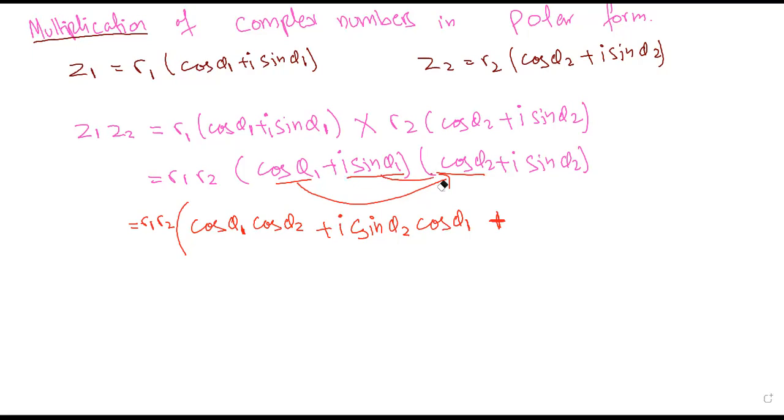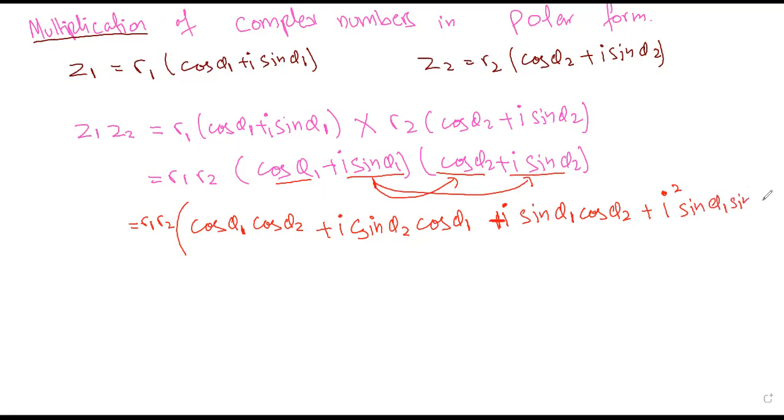This time I'm multiplying this factor with this one. It should be iota sine theta 1 cos theta 2. And then finally the second factor with the second factor. So this would be plus iota square because we have two iotas, sine theta 1 and sine theta 2.